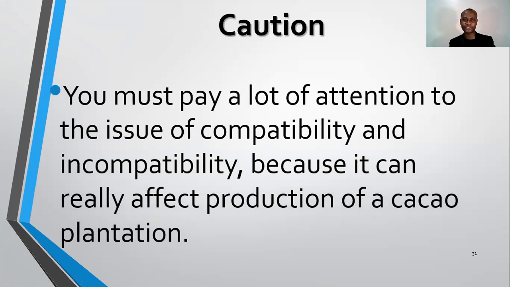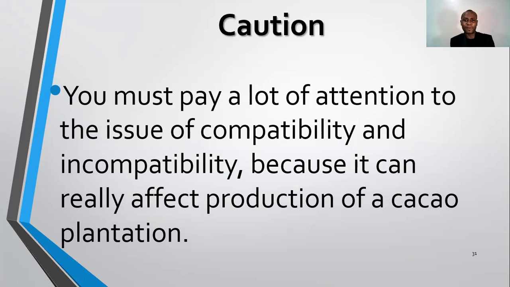So this is the caution. You must pay a lot of attention to the issue of compatibility and incompatibility, because it can really affect production, affect the production of a cacao plantation.